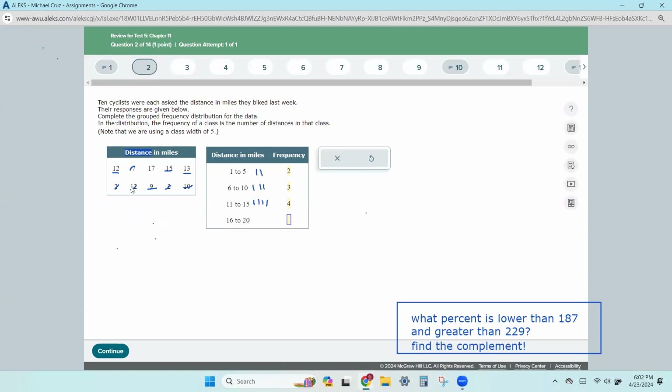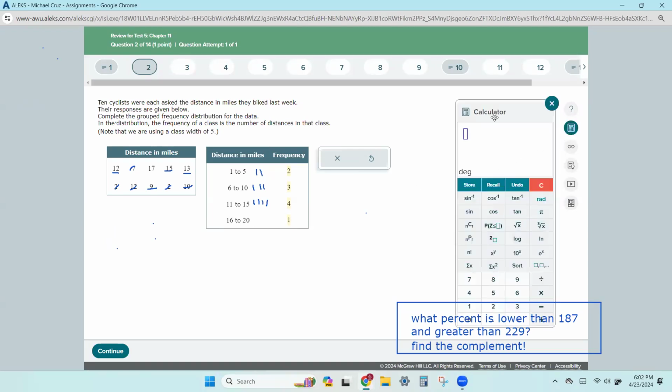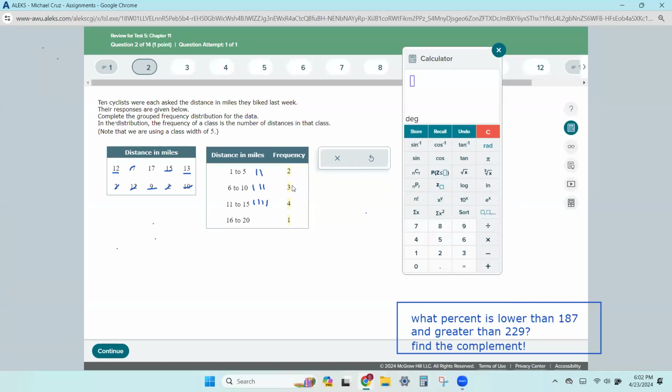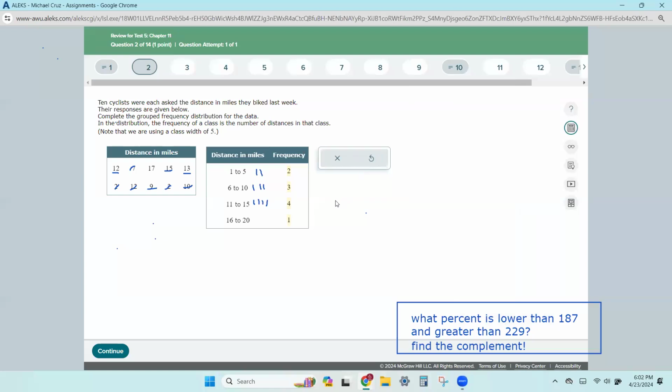And then looks like for this, there's only 1. All right, let's add them up. Looks like it's 10, 2 and 3 is 5, 4 and 1 is 5, so it adds up to 10, so we got them all. So that's all there is to do on this one. Any questions about it?